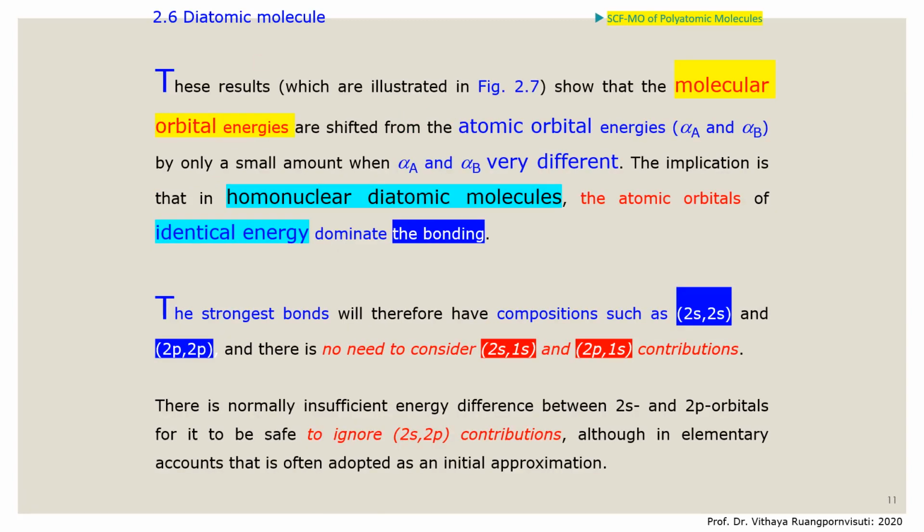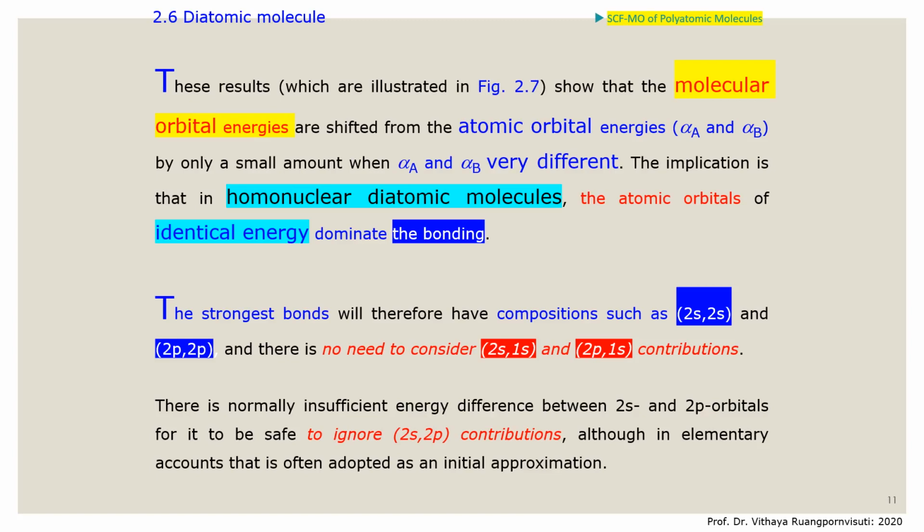These results, which are shown in figure 2.7, show that the molecular orbital energies are shifted from the atomic orbital energies alpha A and alpha B by only a small amount when alpha A and alpha B are very different. The implication is that in homonuclear diatomic molecules, the atomic orbitals of identical energy dominate the bonding.